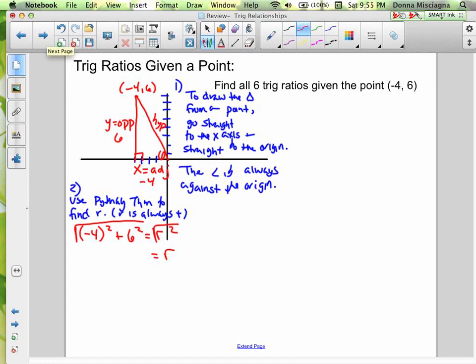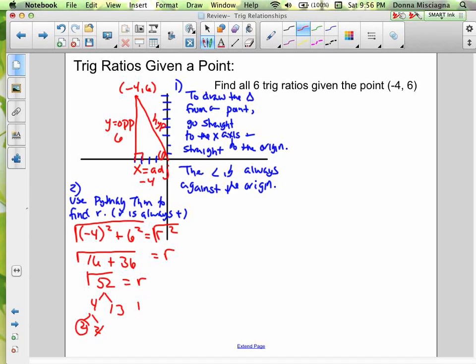Just another way: I can simplify it and then take a square root, or I can take a square root of both sides first, which I've done over here. It's exactly the same answer. So r is equal to the square root of 16 plus 36, which is the square root of 52, which simplifies, because 52 is 4 times 13, and 4 is a perfect square.